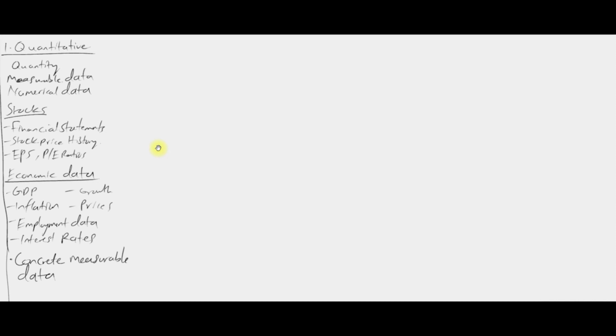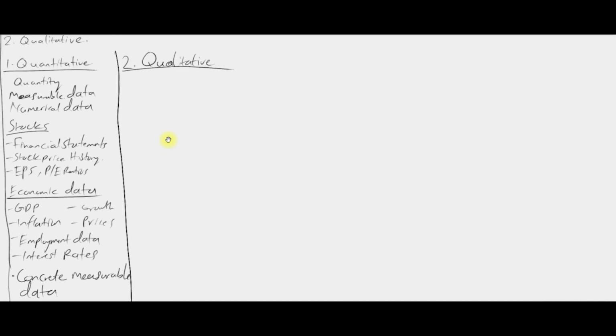This is where now the real work begins. Qualitative analysis. As the name suggests, it's derived from the word quality. This is analysis of the sentiment, you can also say the story around the data.